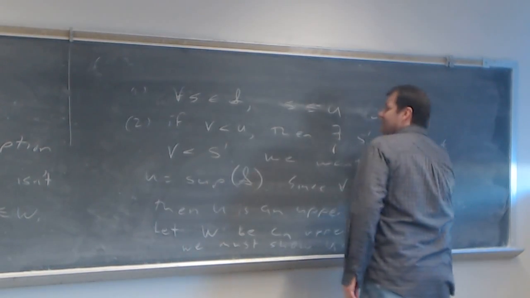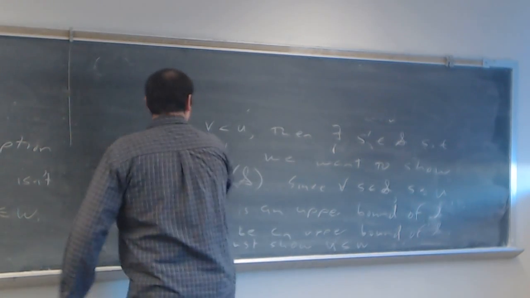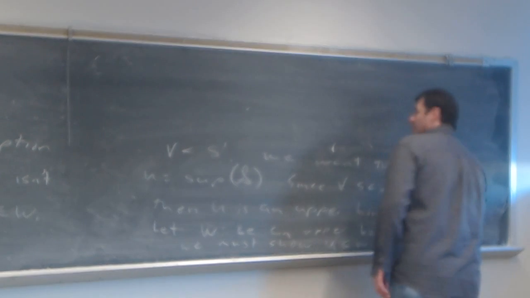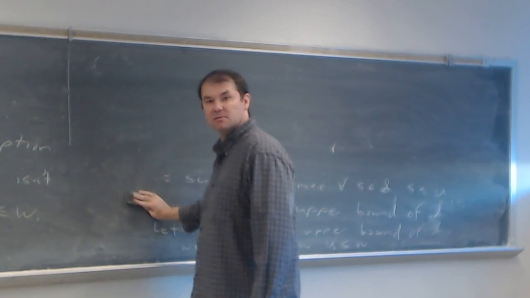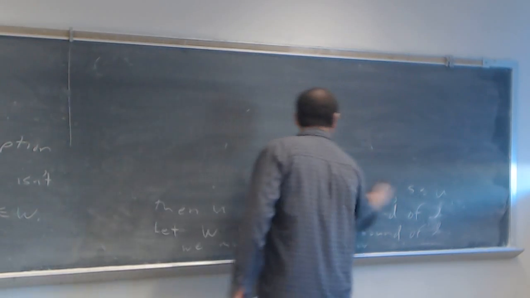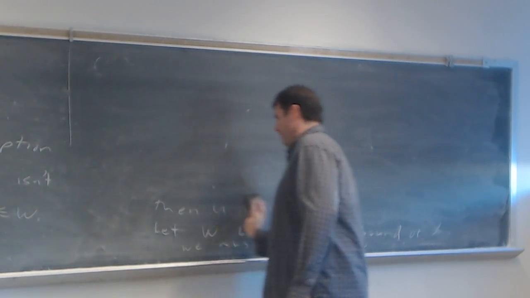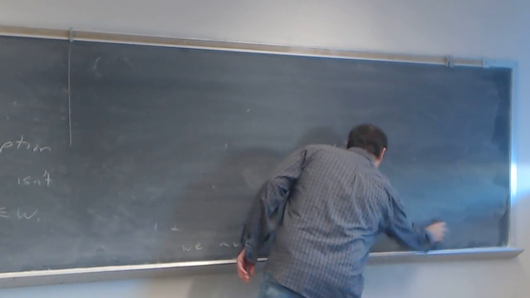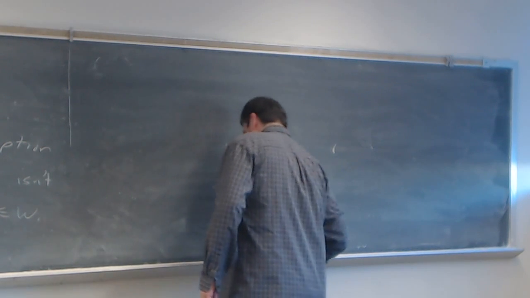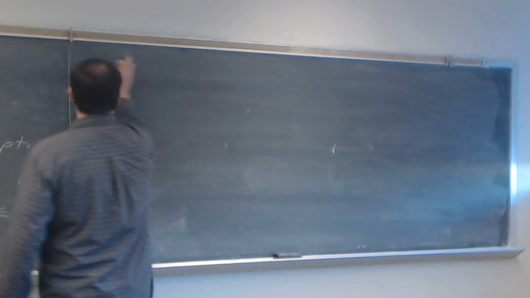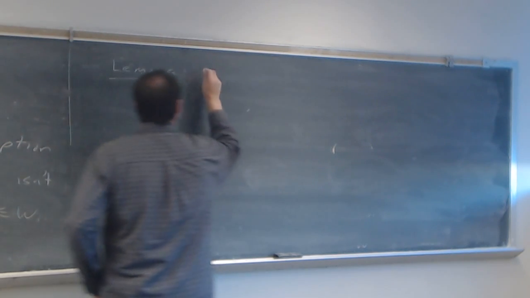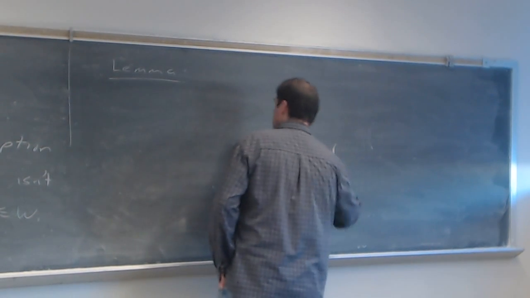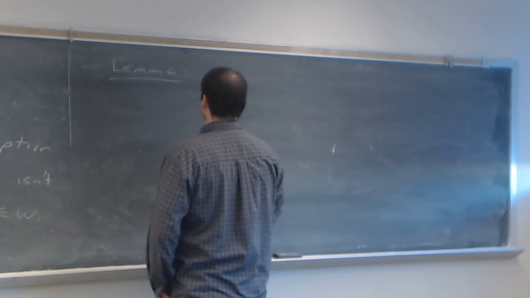Well, we could say a very similar statement. Instead of it applying to upper bounds, it would apply to lower bounds. That's right. So I'm going to say something very similar, and it's written in the book. So here's a lemma. Okay, so here's what the lemma would say.